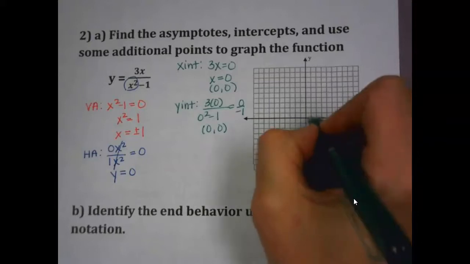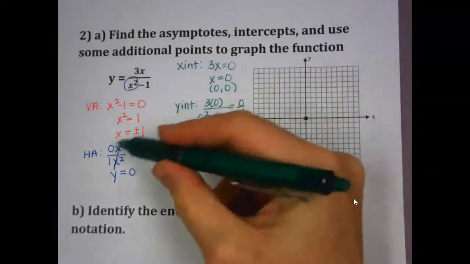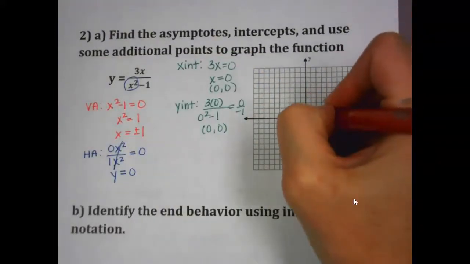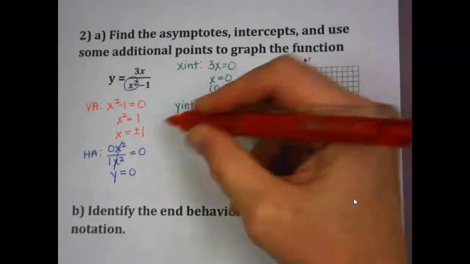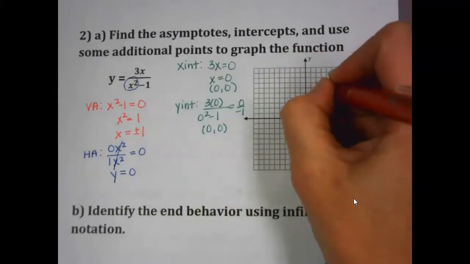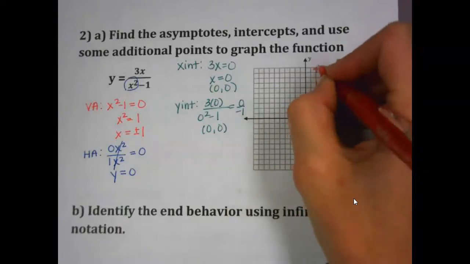Okay, so if I start by putting that (0, 0) on there and maybe some of these asymptotes, I'm going to count by halves. So when I put on x equals 1, I'm going to go 1/2, 1. And here's my vertical asymptote on the right.